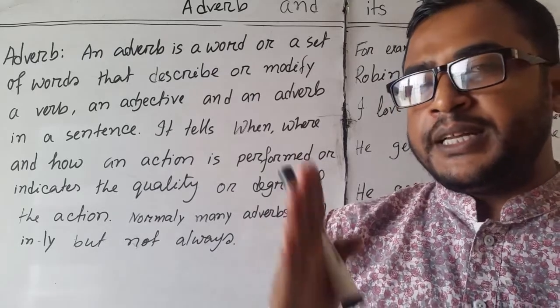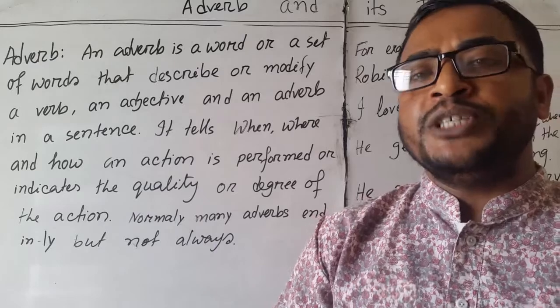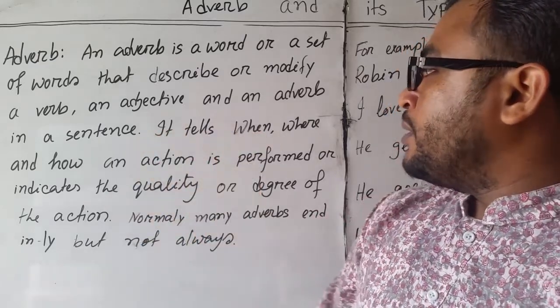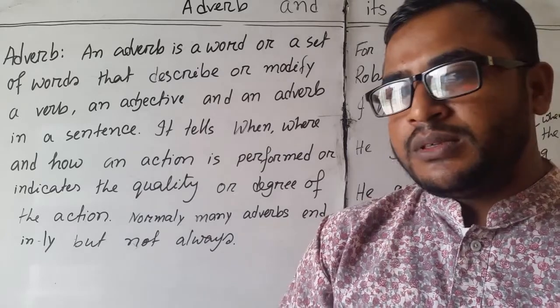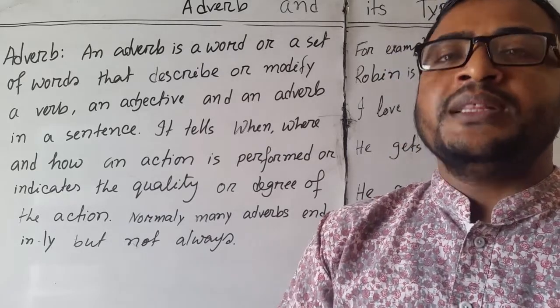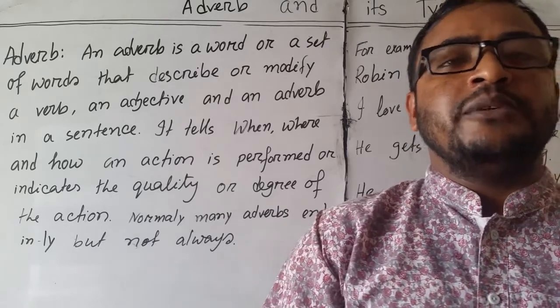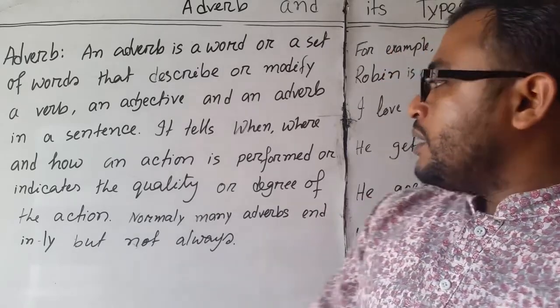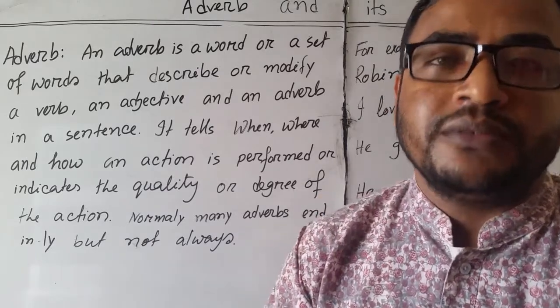That means an adverb gives us information about the action: where, how and when the action is performed. It also gives us information about the quality and the degree of the action.